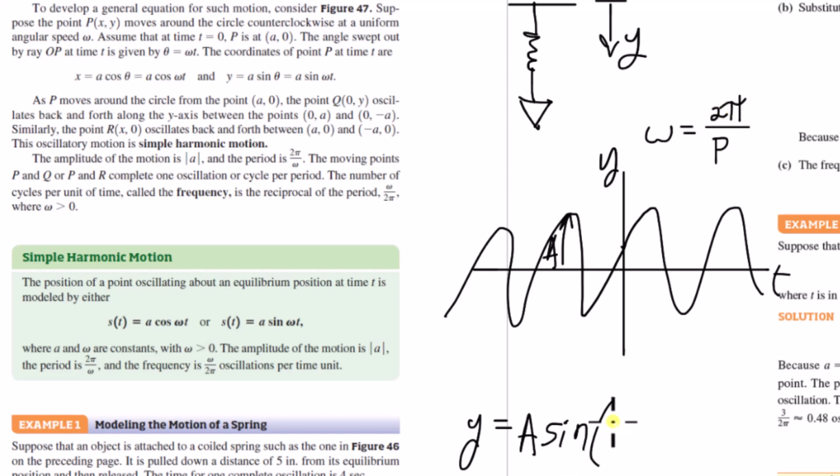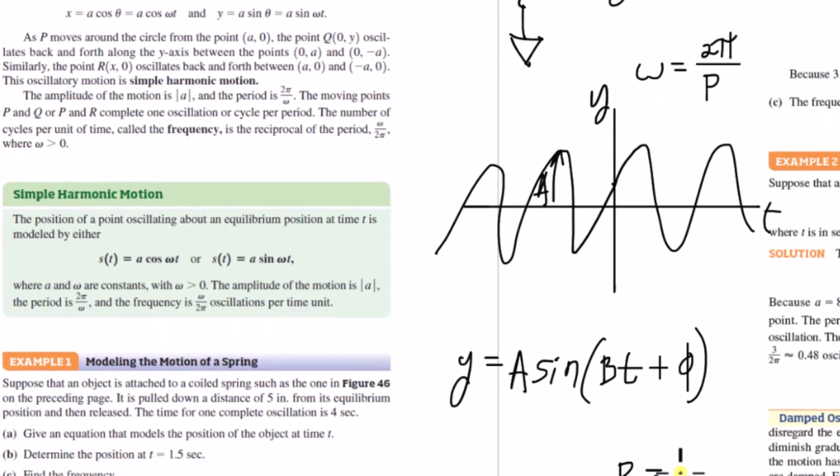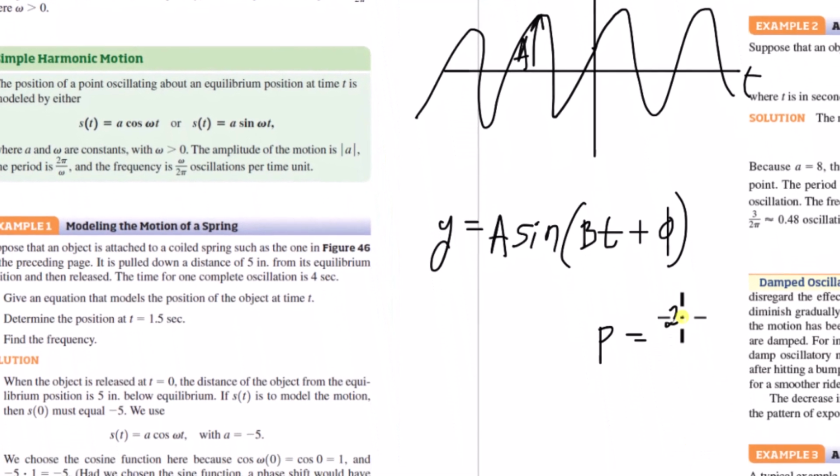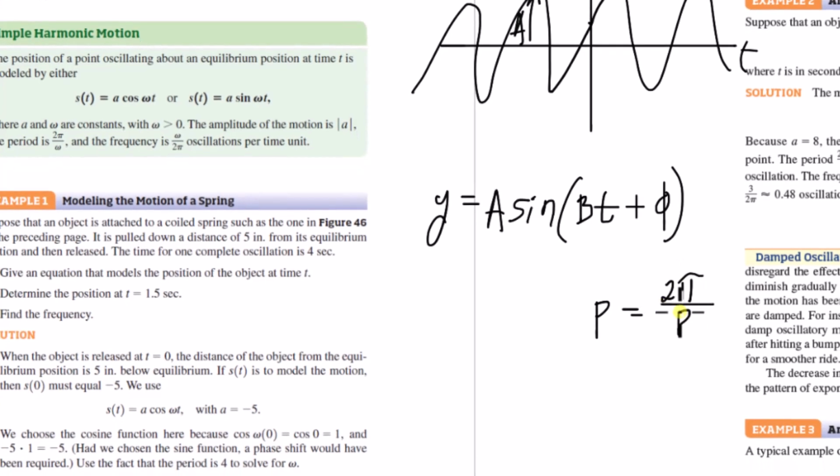Okay, now let's say we just had some constant b here in front of the t. Okay, and then we'll put a phase shift. Okay, how does b change the period? Well, we know it's like multiplying 1 over b times the standard period of sine, which is 2 pi. Right, so the new period in this case would be 2 pi divided by b.